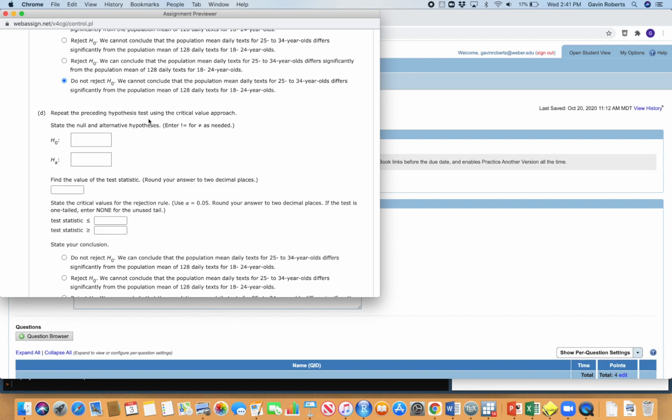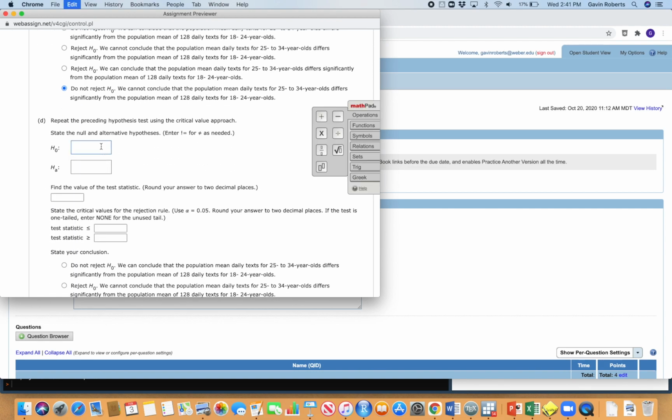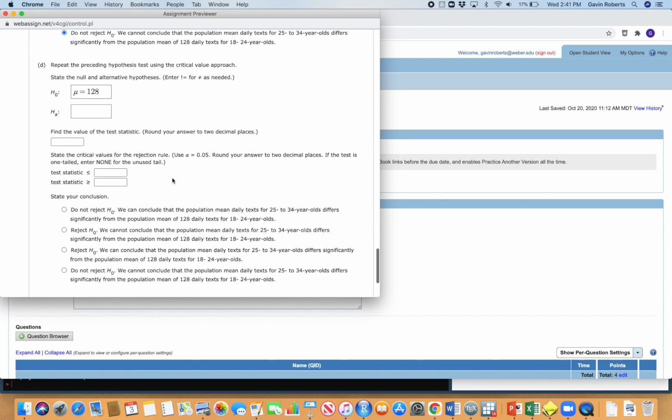Repeat the preceding hypothesis test using the critical value approach. State the null and alternative hypotheses. The null and alternative hypotheses do not change based on whether we are doing the p-value approach or the critical value approach. They're the same because remember, those are based off the research question, right?